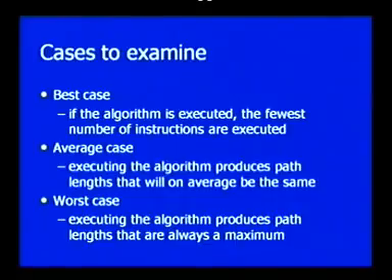And if I execute my program and I have to perform the maximum number of operations, then it is called the worst case. Suppose it is in between maximum and minimum, then I can call it the average case.